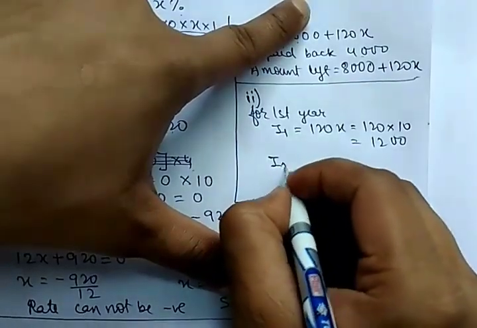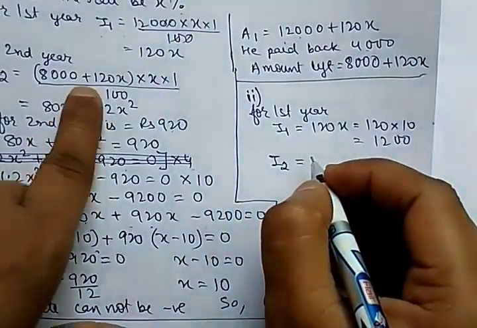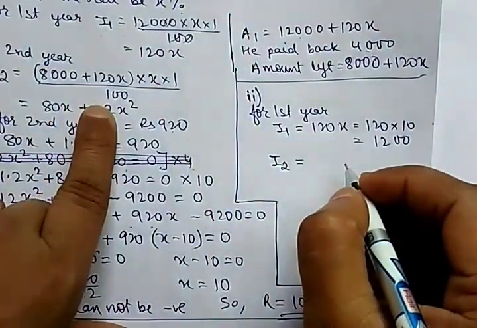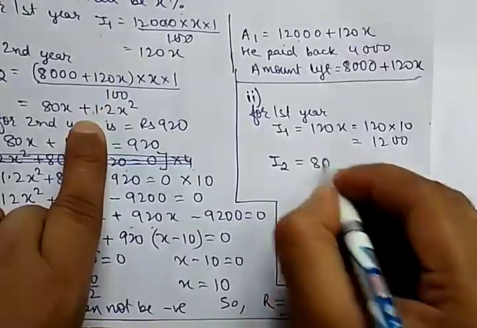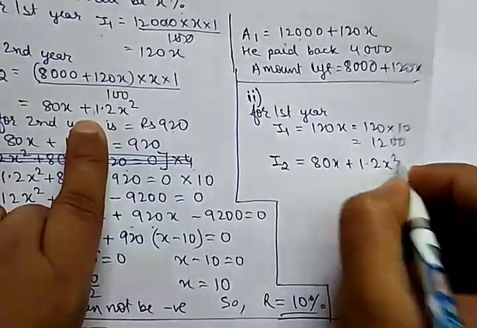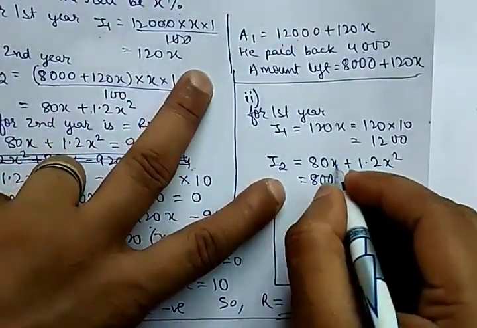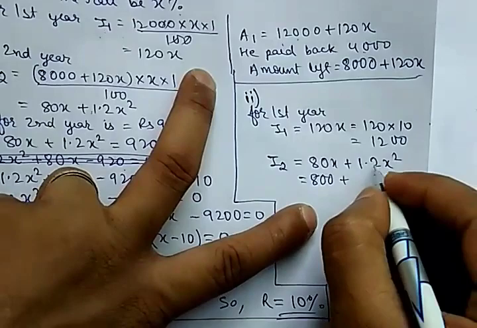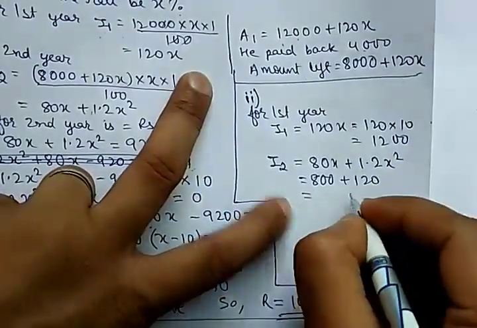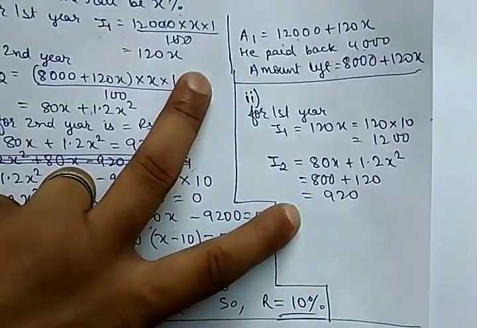For the second year, I2 was 80x plus 1.2x square. So 80x, 80 into 10, is 800, plus 10 into 10, 100, 100 into 1.2 is 120. So 920.